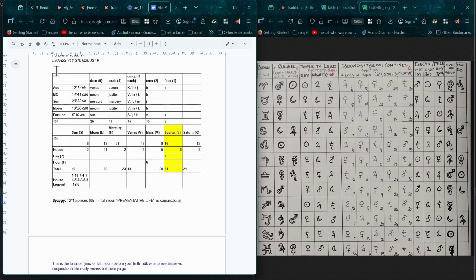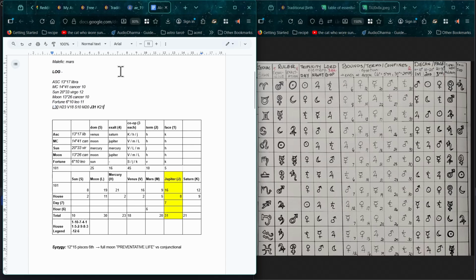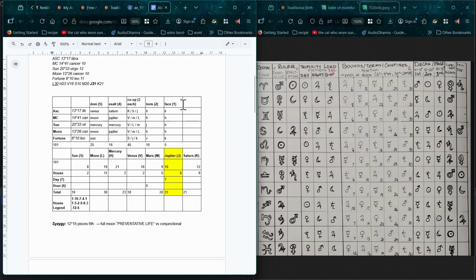And Kronos has 21. So Jupiter, but then really closely followed by the moon. Right, so then I would put up here Jupiter, and I would go into my delineation, right?